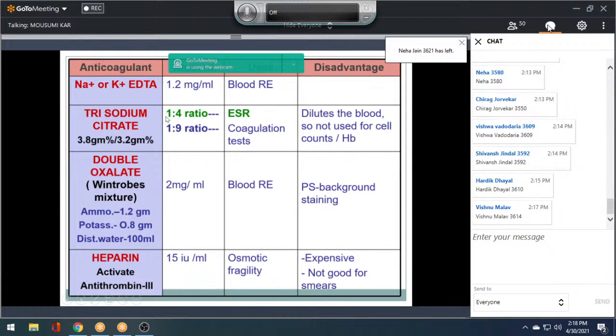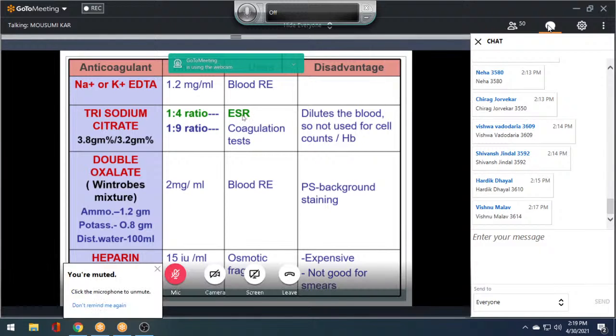Used in a ratio of 1:4, it is used for ESR, and 1:9 is for coagulation studies. So this concentration, the percentage, as well as the ratio and for which test this is used, is important. So 3.8 gram percent at 1:4 ratio for ESR and 3.2% at 1:9 ratio for coagulation studies.